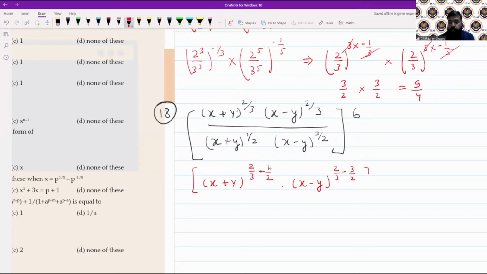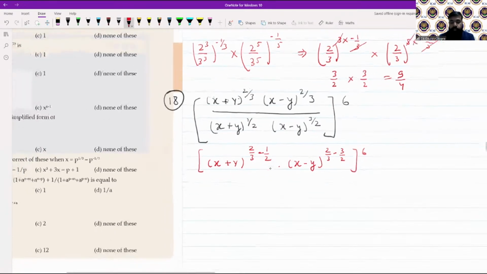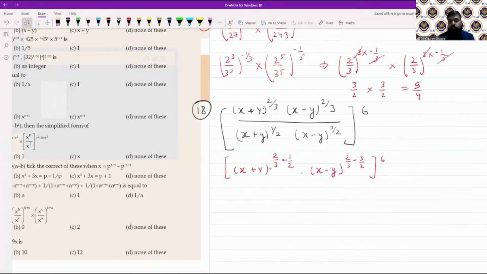And then whole to the power of 6. So now, if we subtract them, what is the result? If we subtract them, the result which we are getting is x plus y, LCM is 6. Now 4 minus 3, it becomes 1. So x plus y to the power of 1 by 6.